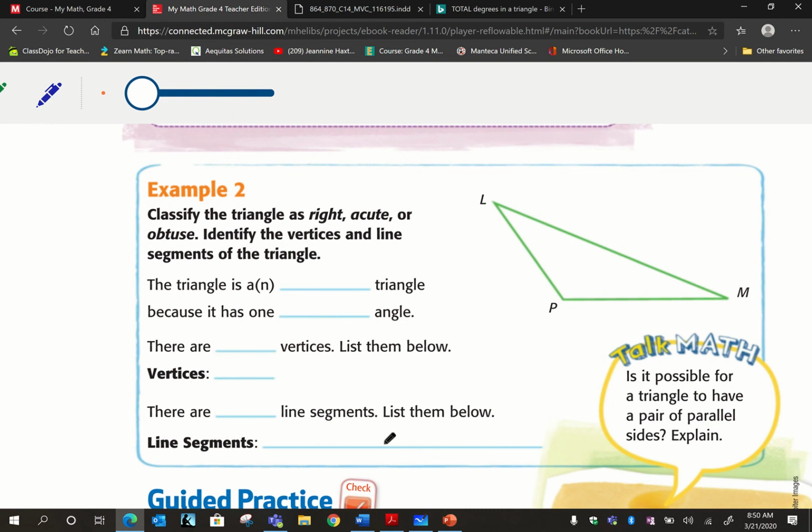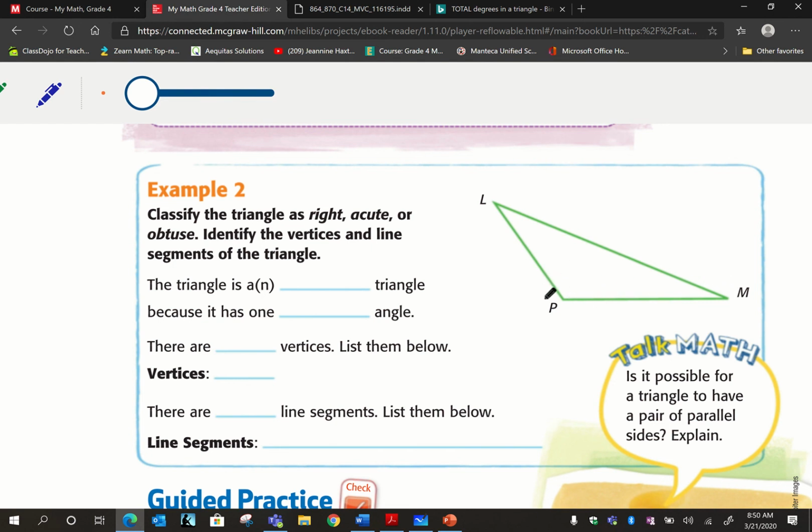Example 2, classify the triangle as right, acute, or obtuse. Identify the vertices and line segments of the triangle. The triangle is a... When I look right here, I can see this is obtuse. So it does have 2 acute angles, but to be an acute triangle, it has to have 3 acute angles.